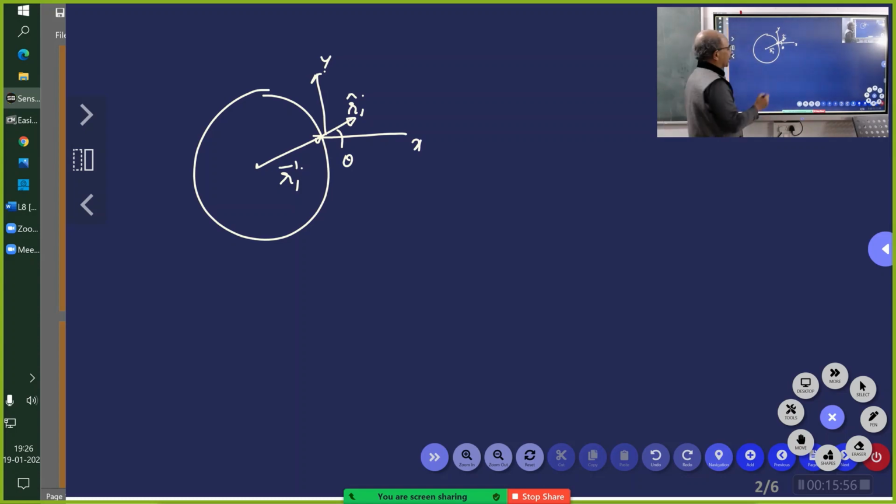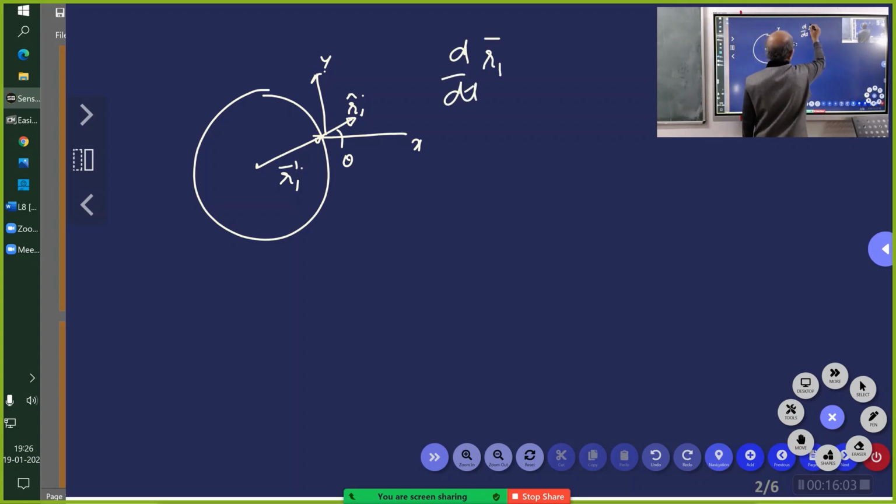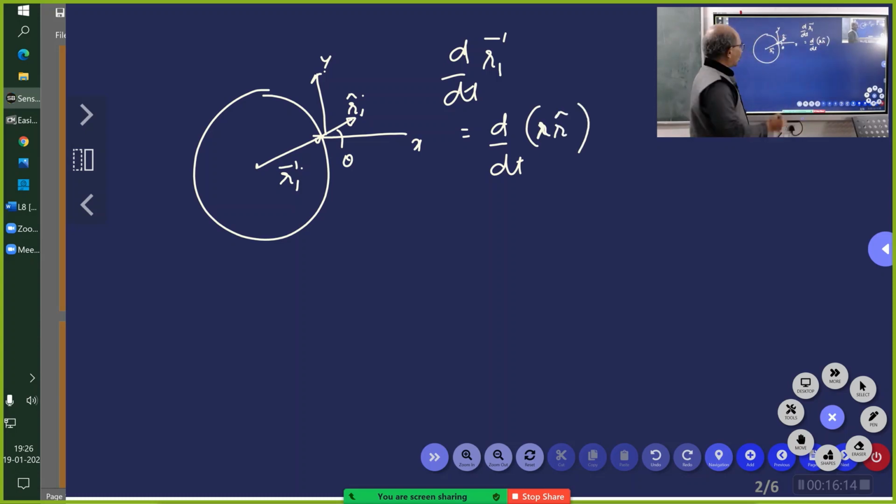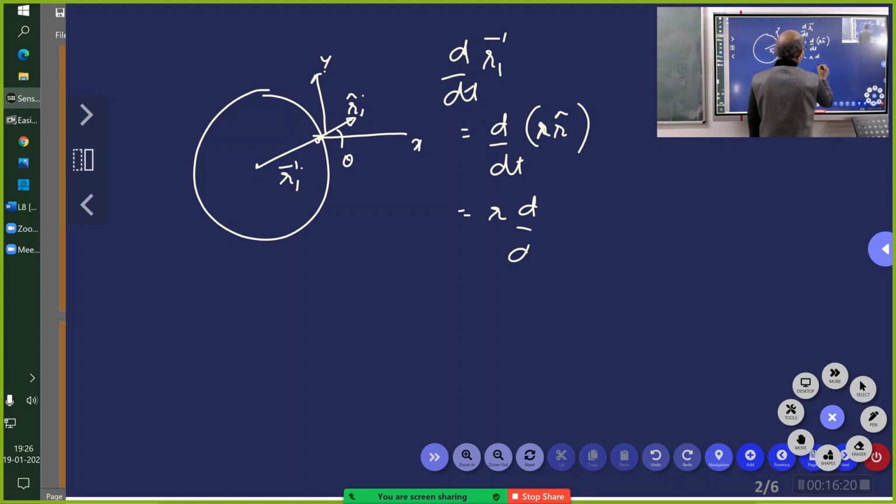Now you created these two because d by dt of R1 bar, how will you put it? This R1 bar is what? R into R cap. But R is constant because this particle is moving in a circle. So you will take this R out, d by dt of R cap. And R cap now, we are going to represent R cap as what?